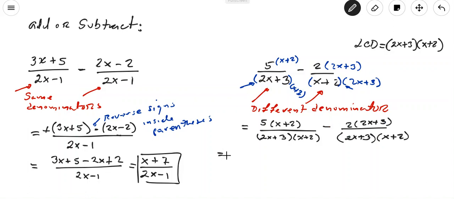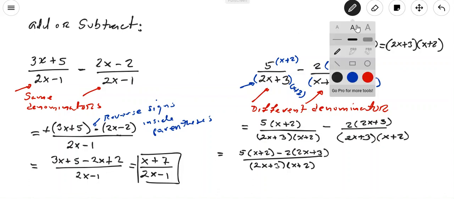We can now write this as a single expression, because we have the common denominator 2x plus 3 times x plus 2. We are ready to write the numerator: 5 times x plus 2 minus 2 times 2x plus 3. Now it's time to apply the distributive property.